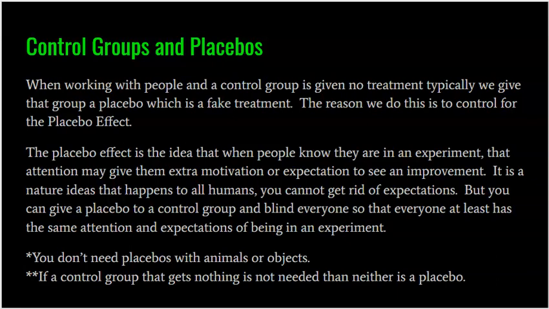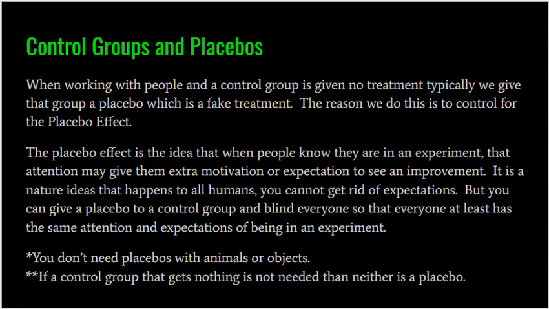So the placebo effect has actually nothing to do with the placebo, and I'll explain what I mean by that in a moment. The placebo effect is simply this naturally occurring thing in human beings that when they're involved in an experiment, they instantly have an expectation that they're going to get better. They have motivation to get better. And if I take that motivation away, I just create a confounding variable.